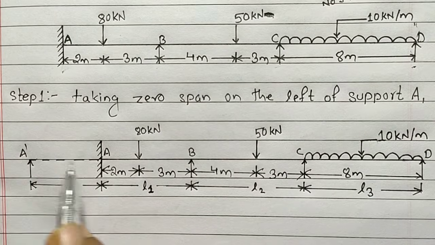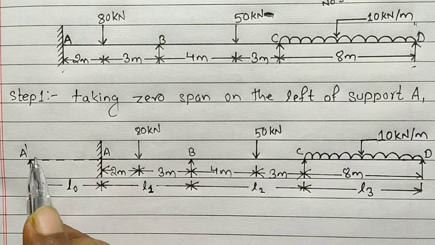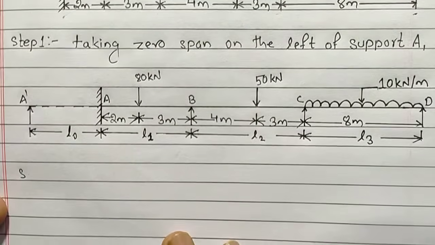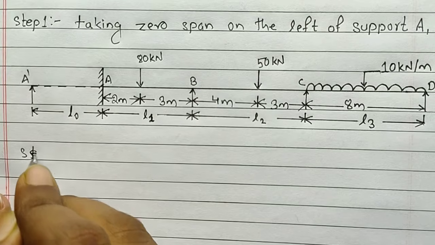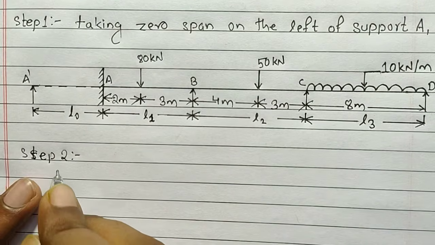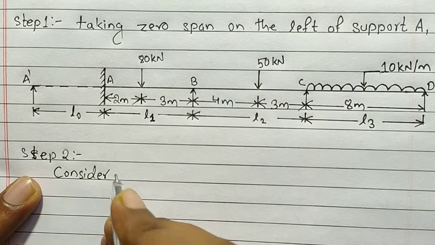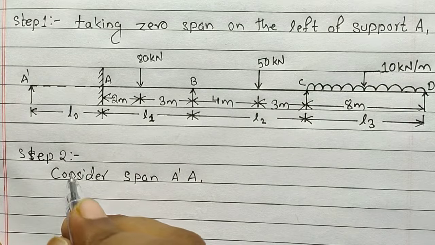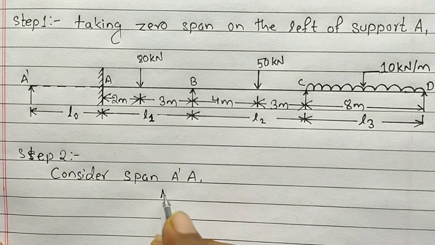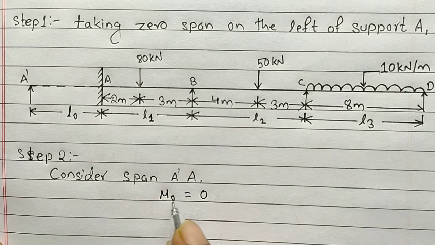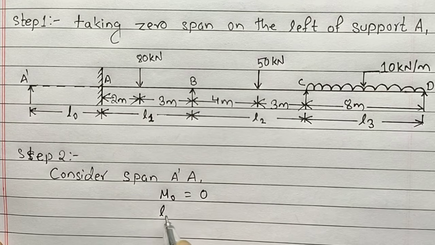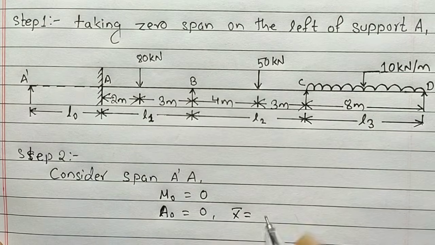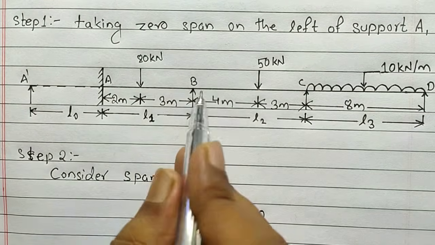Before that, we need to find the moment, area and CG of span A dash A. So step 2, consider span A dash A. Always remember that for a zero span the moment equals 0, L naught is 0, the area A naught will be 0, as well as the CG of this zero span will be 0. Now let's move toward span AB.